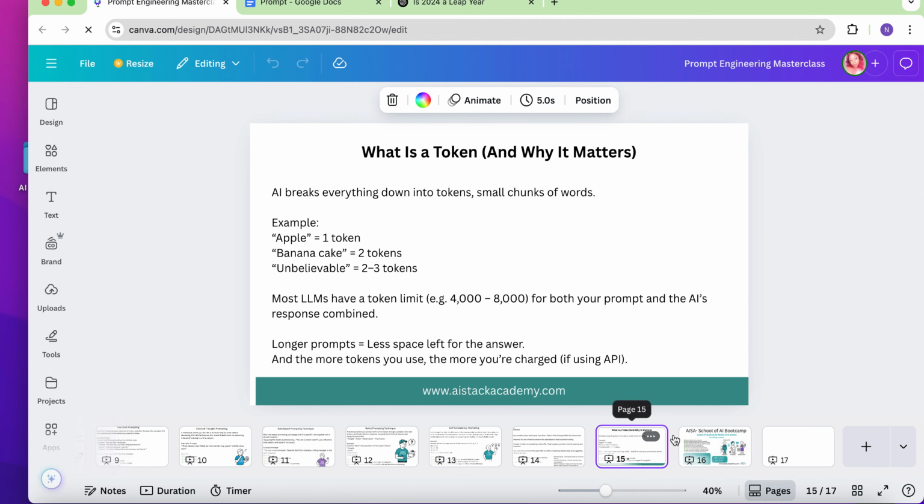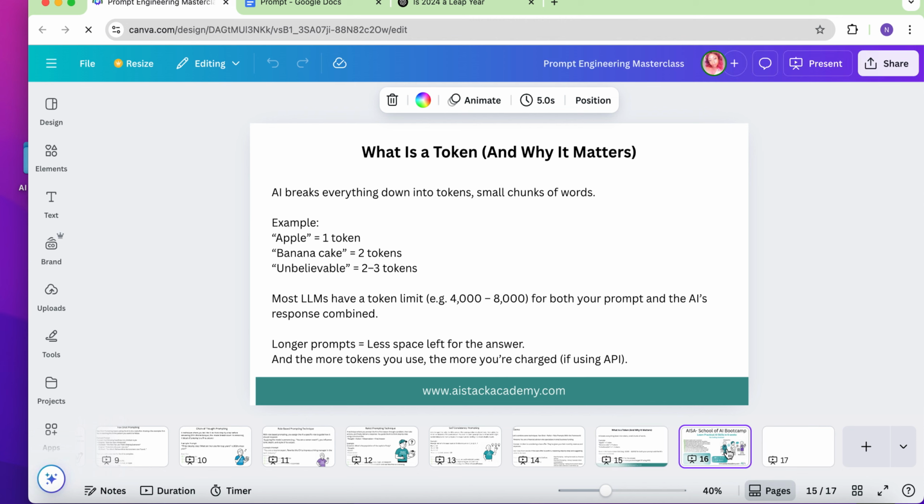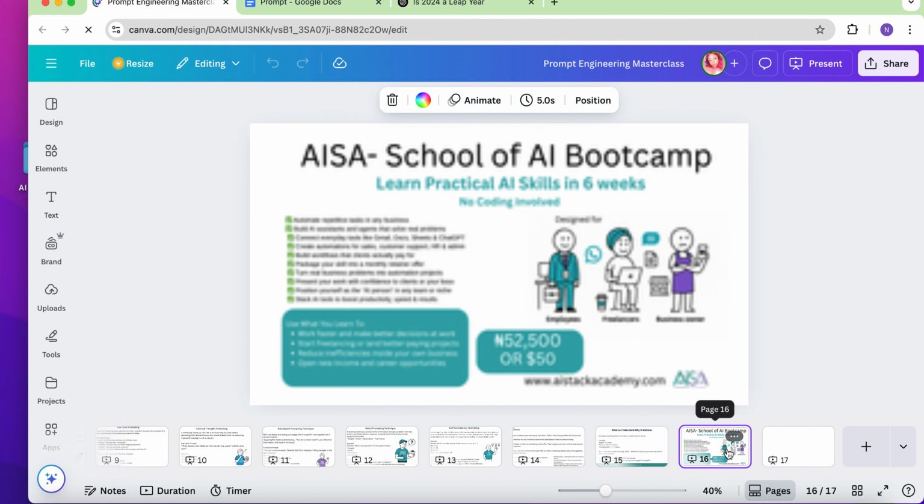All right. So everything we have covered today is just a small part of what is possible with AI, right? What you can do with AI.